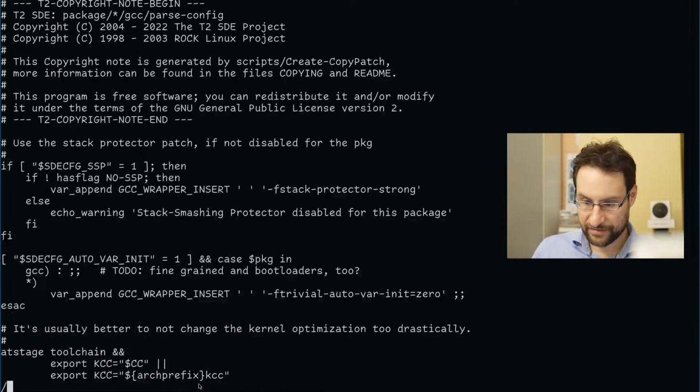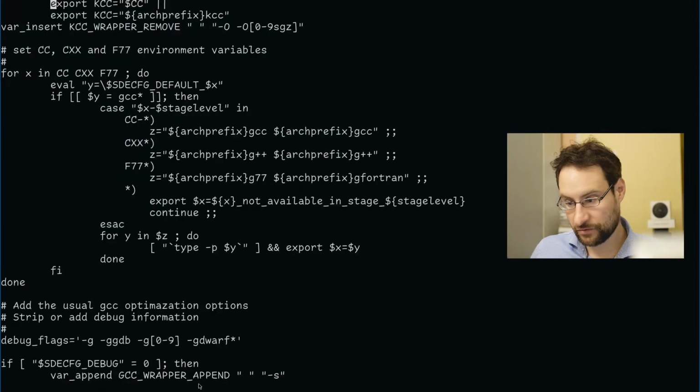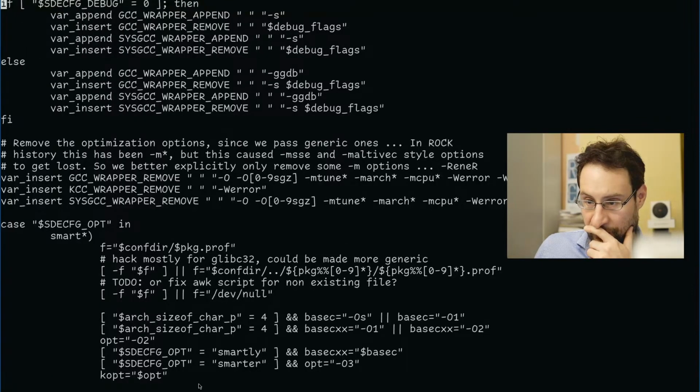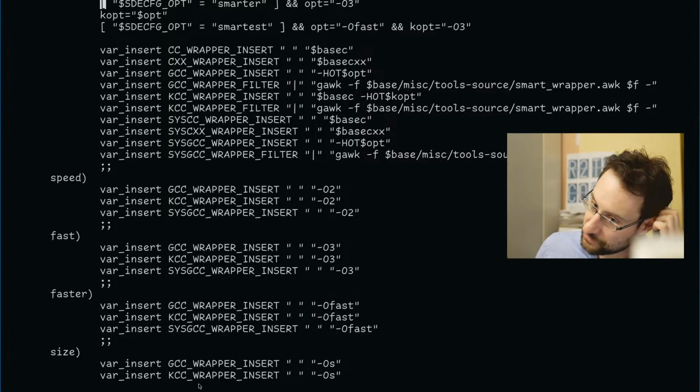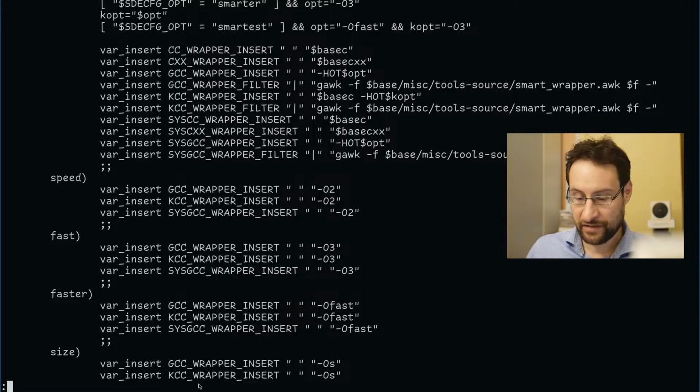I think usually we add this to... Do we not usually add this to the GCC wrapper? Yeah, not sure why. Alright, I think it was using the same base optimization. I mean, it's a bit tricky.